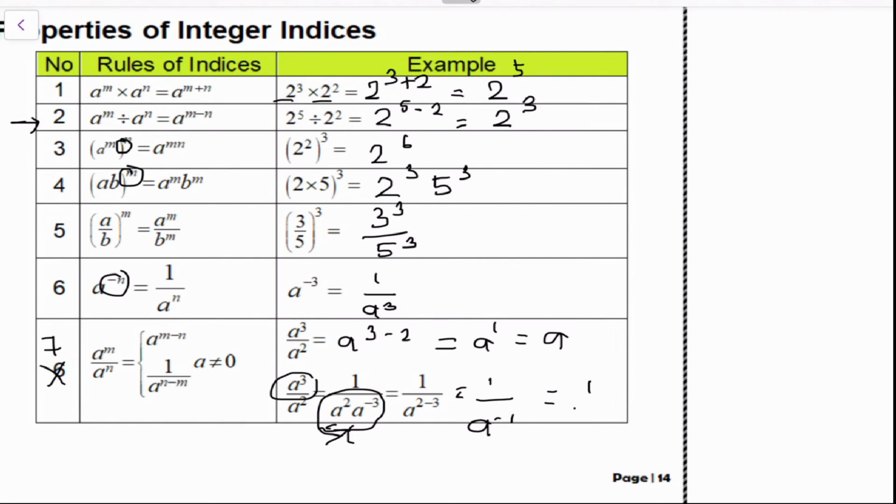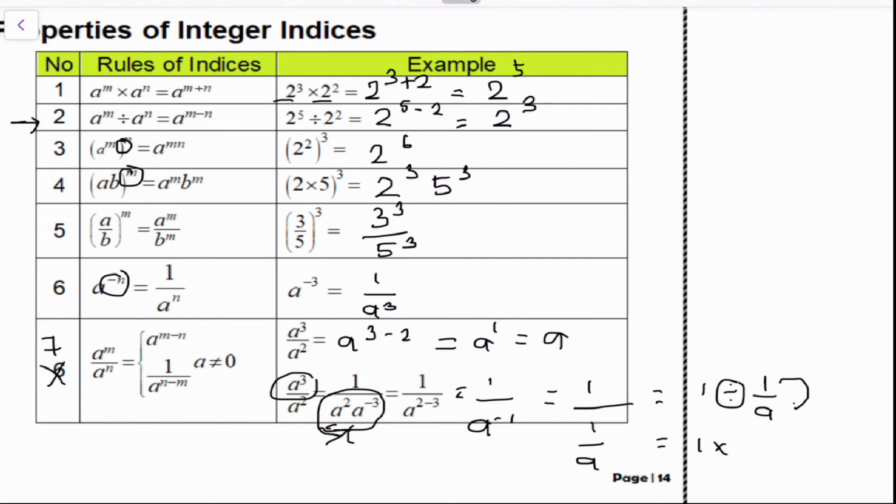So 1 over a. 1 over a is actually equal to 1 divided by 1 over a. By using your prior knowledge, you can change the divide symbol here to multiplication by switching the position.